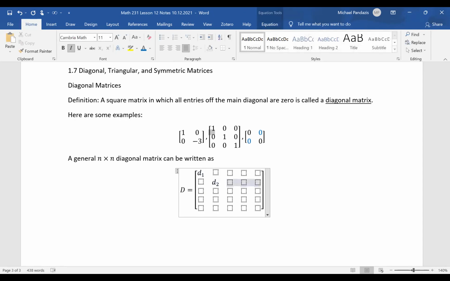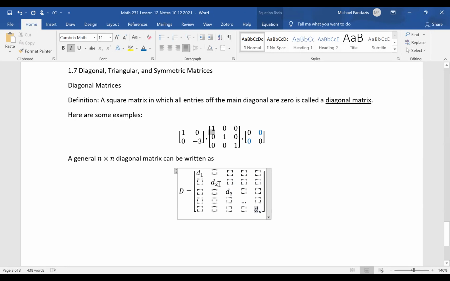These are the entries on the main diagonal. And then this is D3, and then dot, dot, dot. And this is the last one, Dn, because it's n by n. Then everywhere else it's 0. So 0, 0, 0, dot, dot, dot, 0, 0, 0, 0. Everywhere else is 0. I'm putting dot, dot, dots, and there are zeros here too, but the matrix continues.